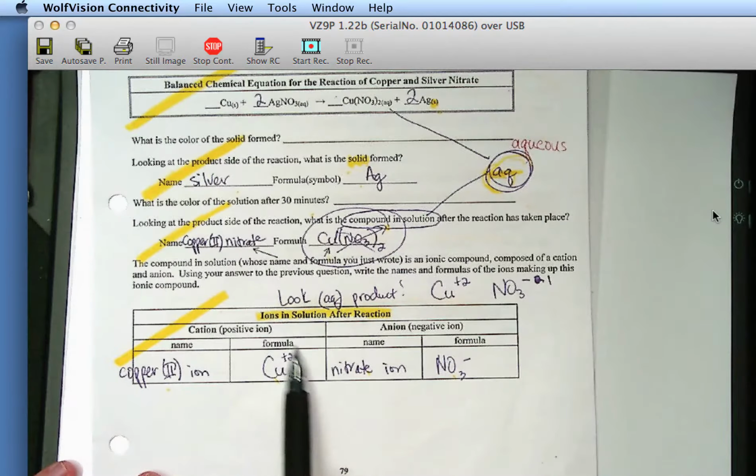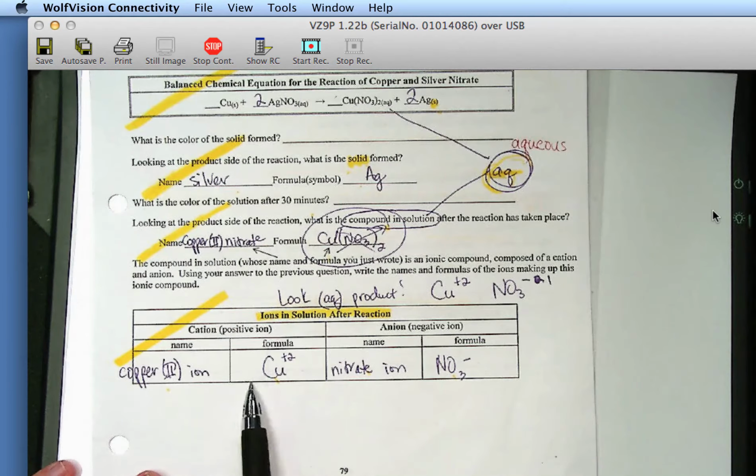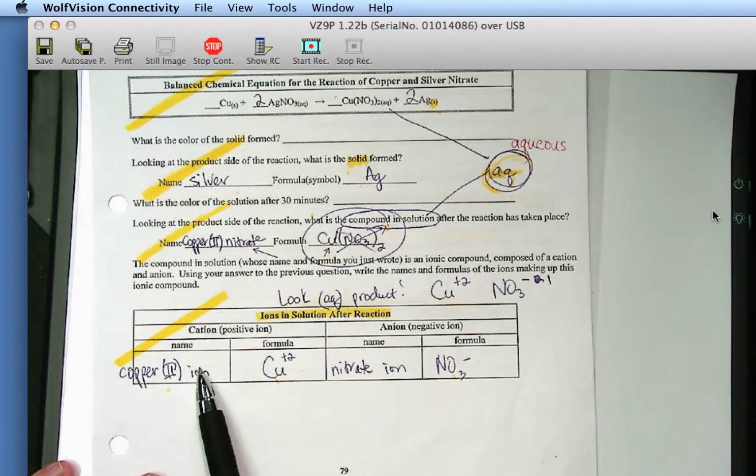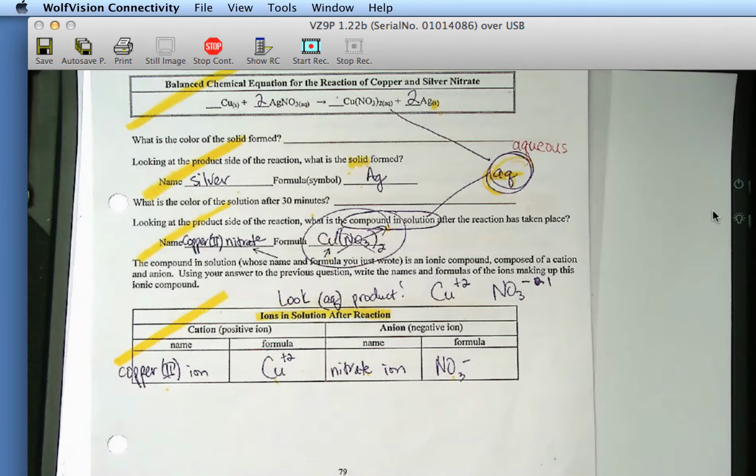and you'll come up with the formula for the cation, which is Cu 2+. The name is copper 2 ion, or you could say cupric ion, because copper can be +1 or +2.